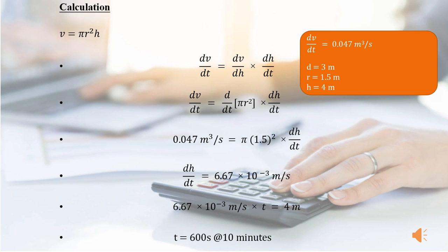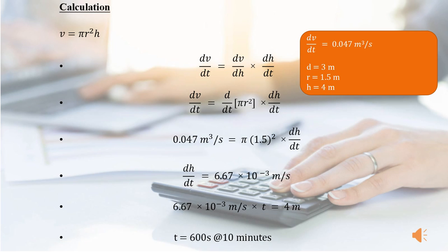For dV over dH, V is the volume, and inside the volume we have h, which is height. So we cancel the h from the volume with the h from the dH, and then we get dH over dt times pi r squared only.